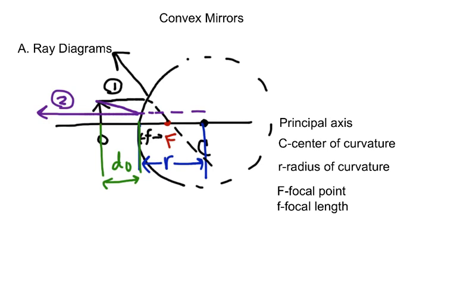Now the last ray, which I will use with the color orange, goes from the object to the center of curvature. So it comes off of the object as if it were to go through the center of curvature, like so. And it reflects back on itself, and we call that ray number 3.